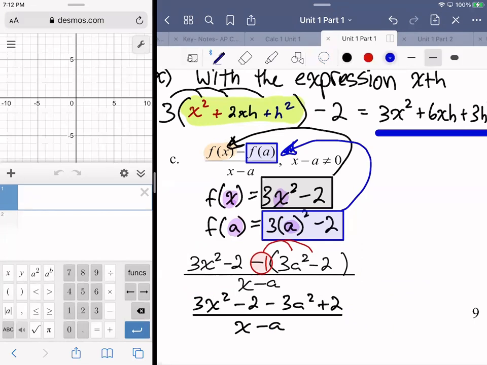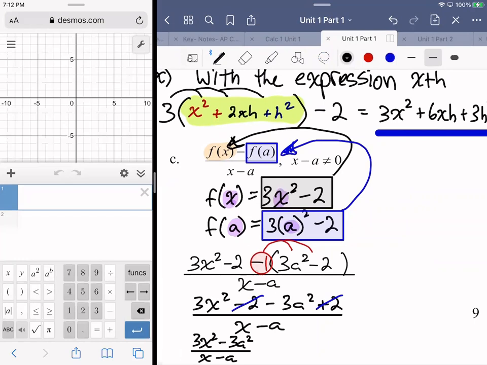And cancel out the -2 and the +2. Doesn't seem like much, but it actually is pretty significant that we're able to do that, because I'll be left with 3x squared minus 3a squared over x minus a.